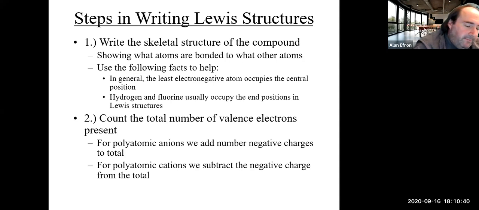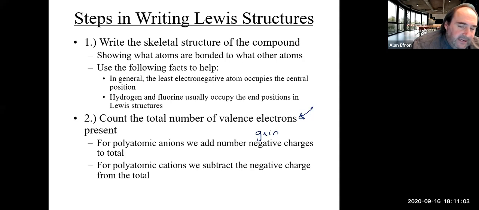Now, the most important thing really is the second one here. You want to count up the total number of valence electrons available to you, and that's from the periodic table. If something does have a negative charge, it means it gained electrons, and you need to add that to your total or you'll be short.